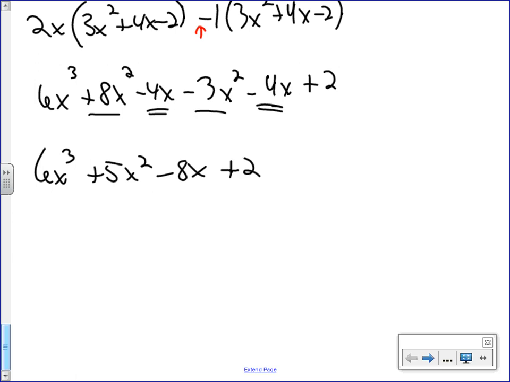And descending order is usually the order of choice. Okay? Easy enough? I'll have negative 4 and a negative 4. Okay? So that's one. Double distributive.